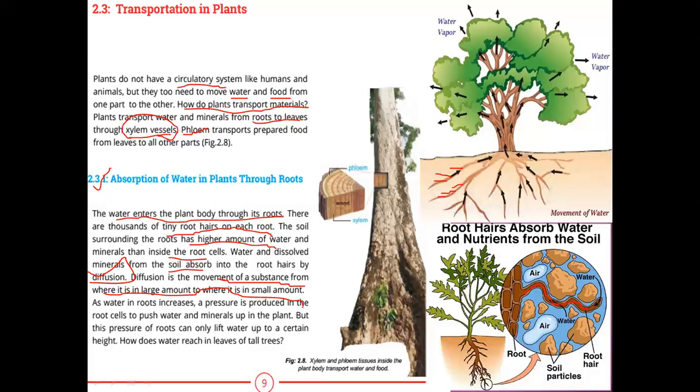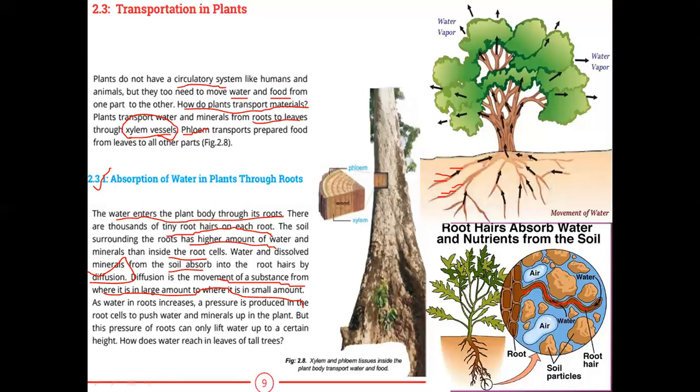Most of the time, water always moves from its higher level to its lower level. If you see in floods, it moves from a higher to a lower surface, as well as if it is in more quantity outside in the soil.